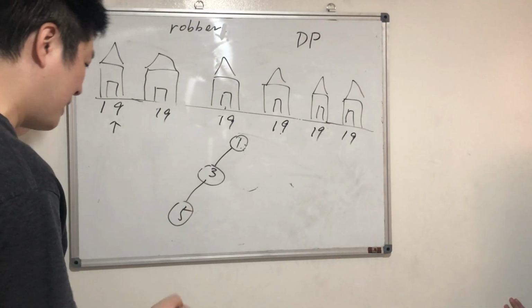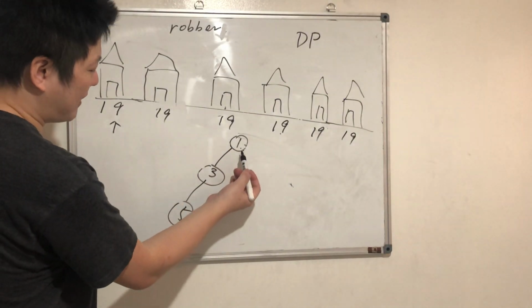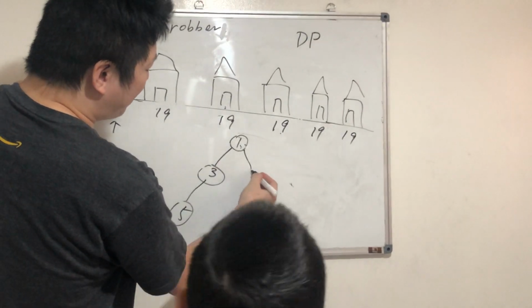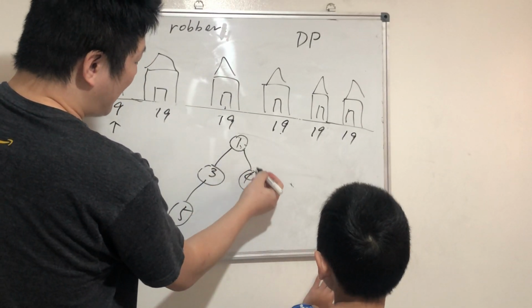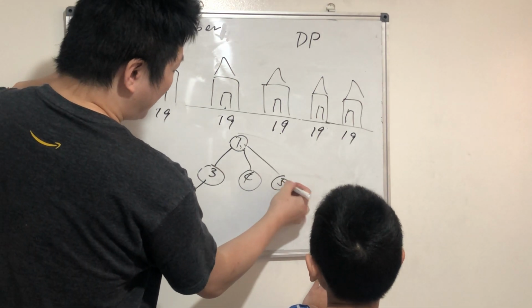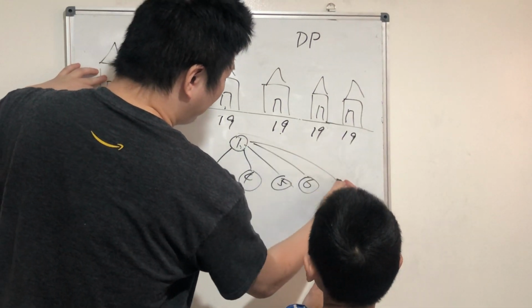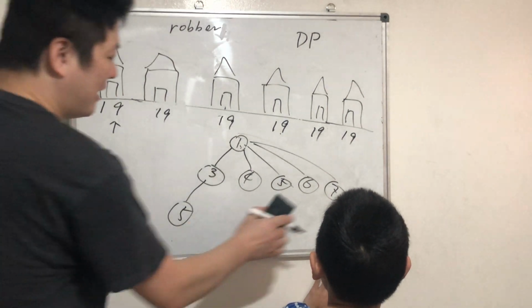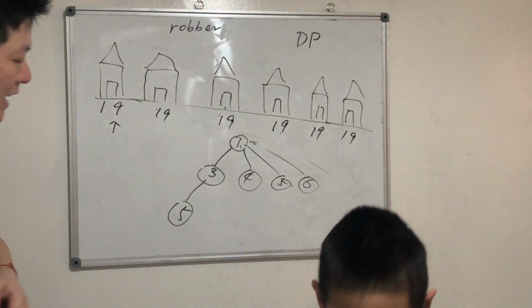So look, because it has lots of possibilities. Pick 1, and then I can pick 3. I can also pick 4 here, right? And I also can pick 5, pick 6, you see, this is very complex. There's no 7, I know, I'm just giving an example. So do you get it?